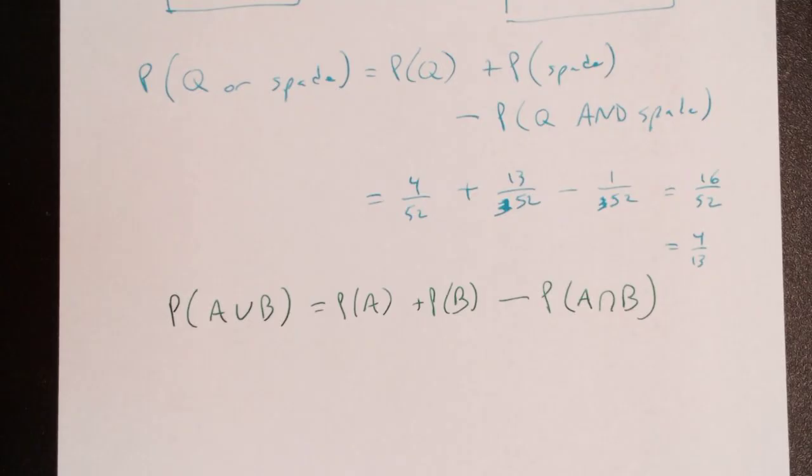Questions? Yes, sir. Like in between the A and the B right there, that U symbol, that's the "or". That's our union. That's the intersection. I always remember it as the U for union and the N for intersection. But yes, it's "or" and "and".